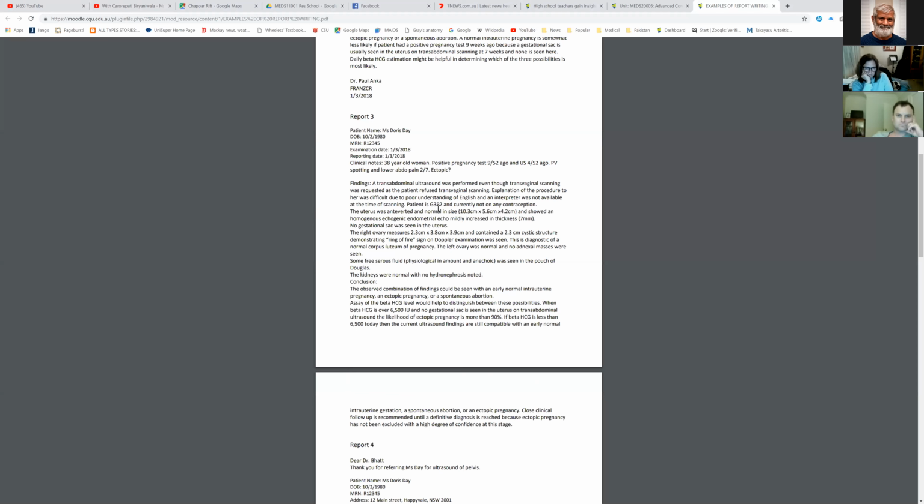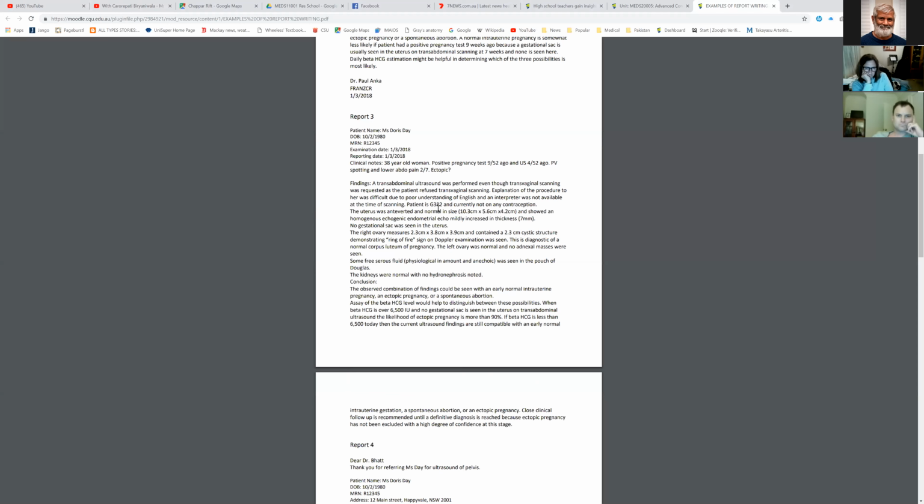How to do that? If it is above 6,500 and we don't see a gestational sac in the uterus on TA, then the likelihood of ectopic pregnancy is more than 90%. So it has directly given a fact which helps the referrer.